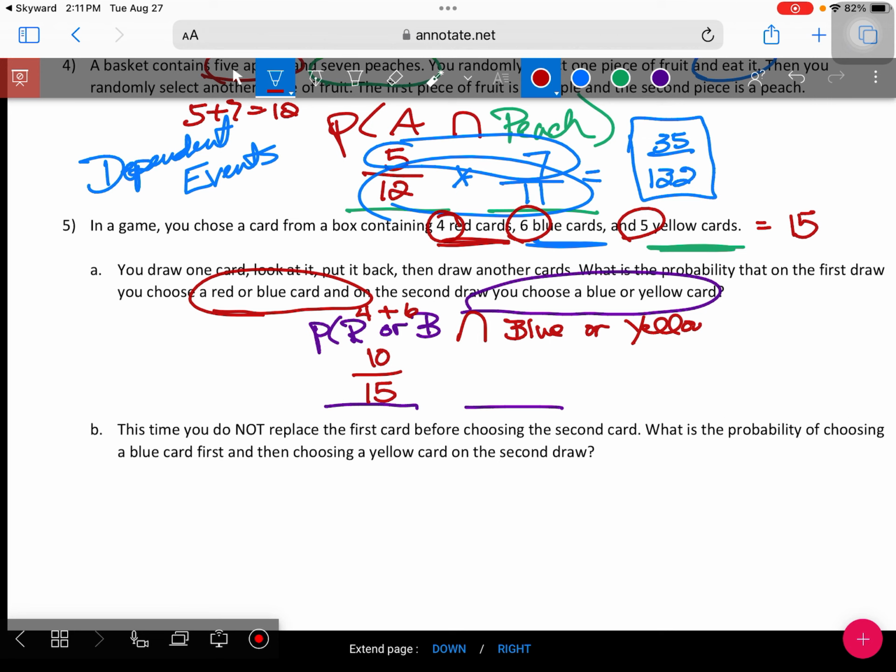First of all, I put the card back. How many cards do I have total to choose from now in this pile? 15. And what's the probability of getting blue or yellow? 11.